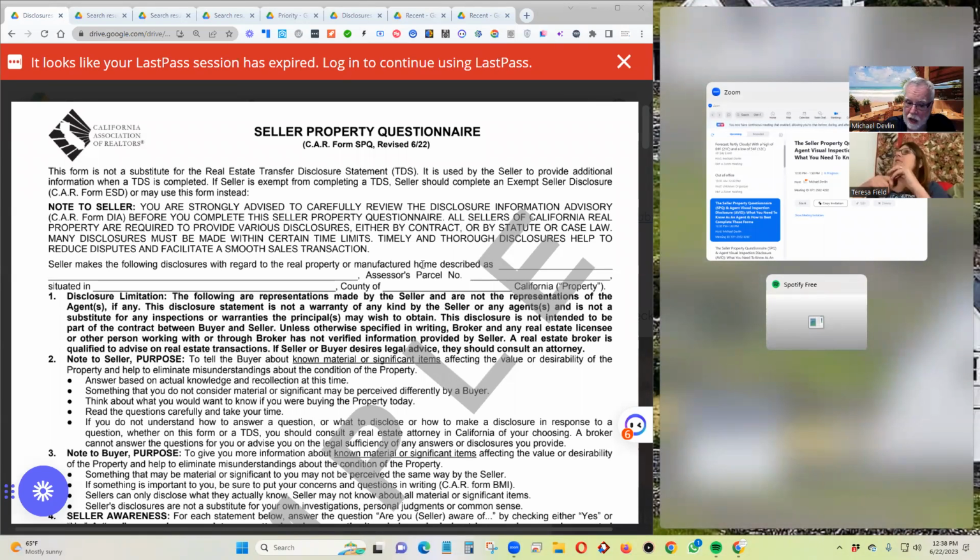Now, once I've identified a mistake, what we do is we send a 2-day notice to perform to the seller, telling them you've got to fix the form because this and this and this are not true. And the contract and the civil code for the TDS both say that if the seller amends these forms, amends the transfer disclosure statement, amends the seller property questionnaire, it triggers a 3-day right of rescission by the buyer.